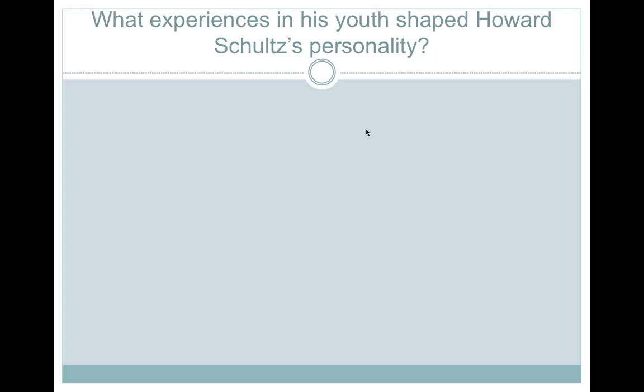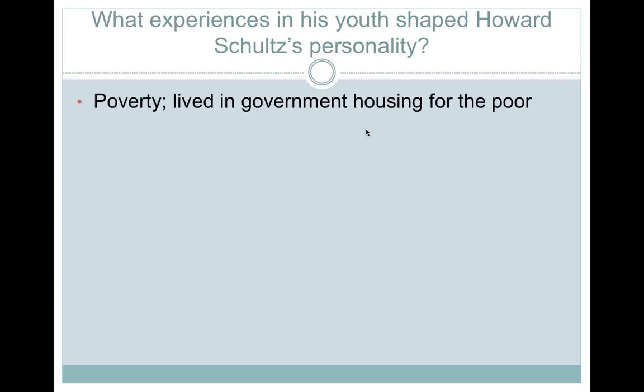You also mentioned his father, and his father is a key part of his personal story. But you're absolutely right, Maylene. He did grow up in poverty. His family lived in government housing that was built for poor people, in a part of New York City called Brooklyn.